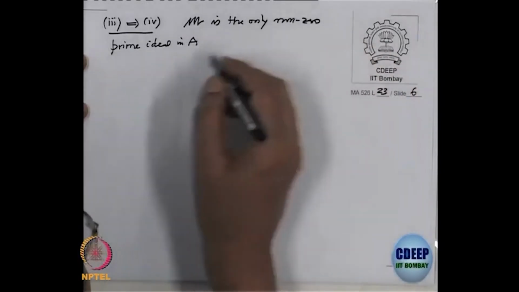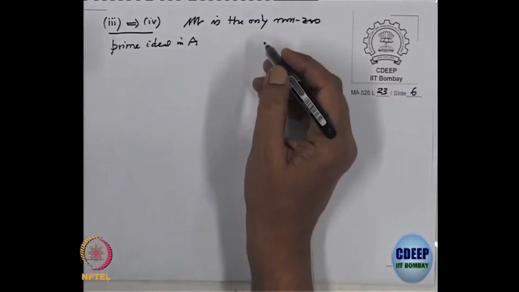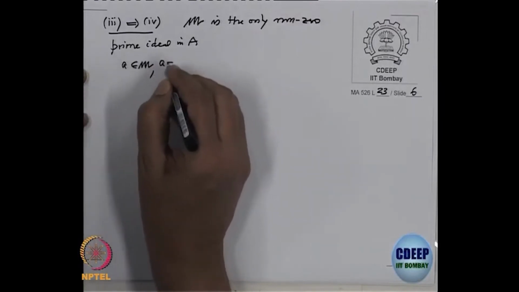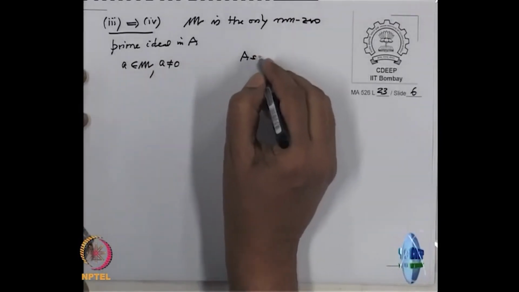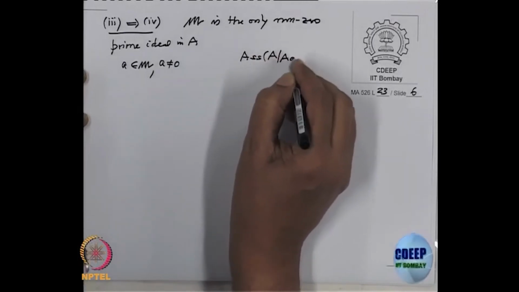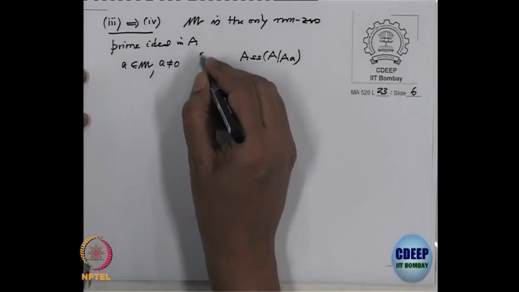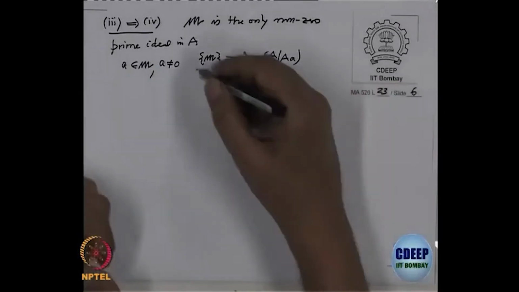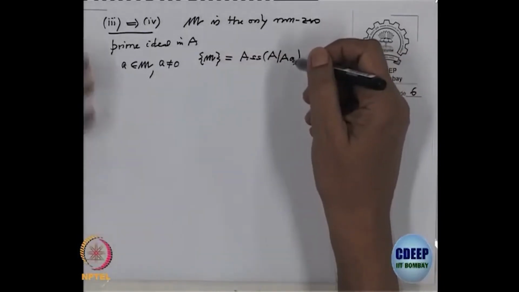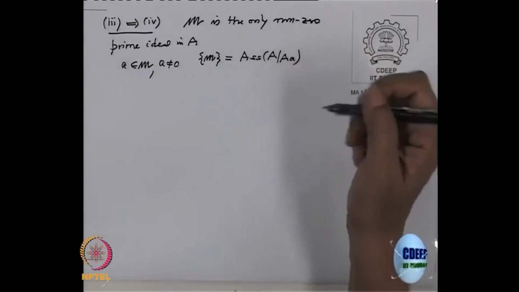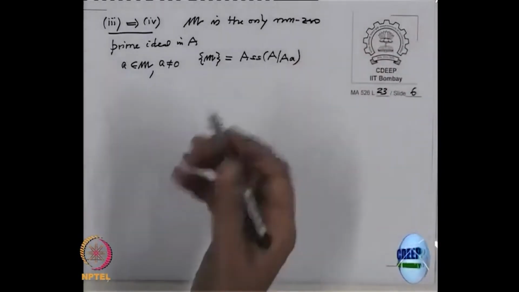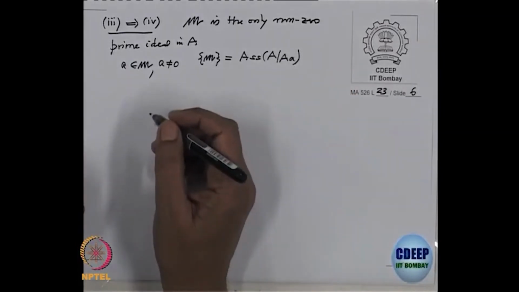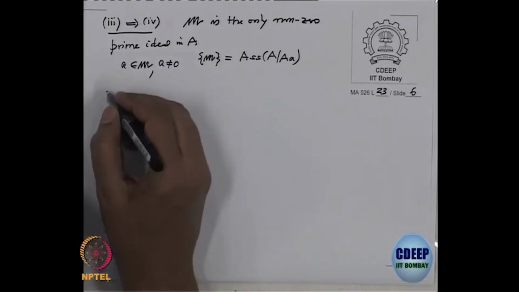That means, when I take any non-zero element a in M, and I look at the associated primes of A by a, the only element here will be M. There can't be any other prime ideal, because it would contain a and be contained in M. But this precisely means M is associated to this. So, that proves 4.